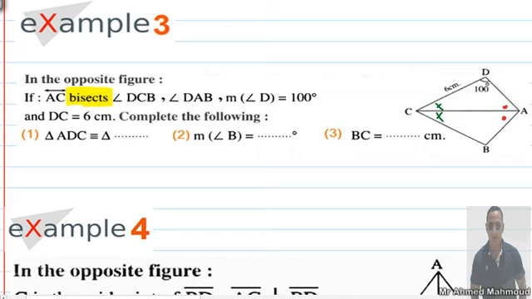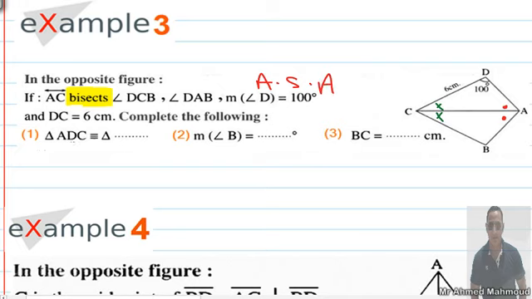And here we have a common side in between. Then the two triangles are congruent, and this is ASA. As I explained many times.